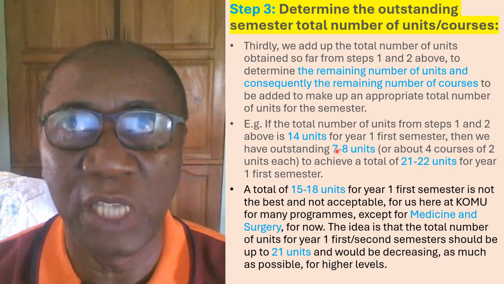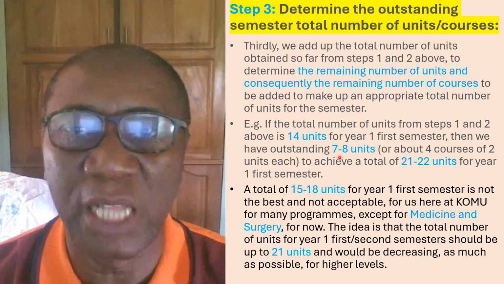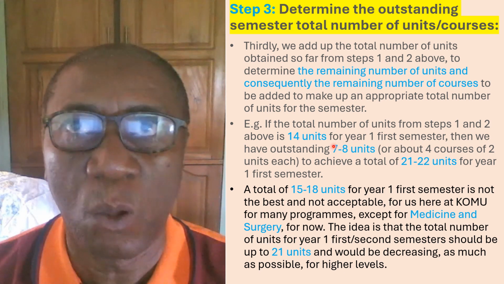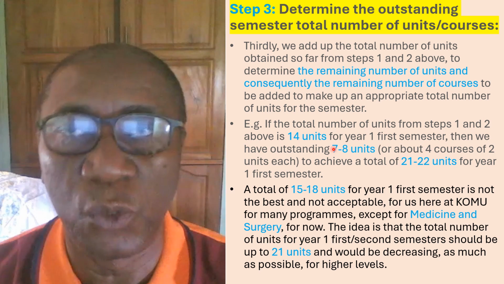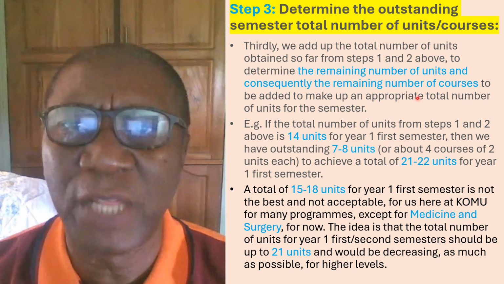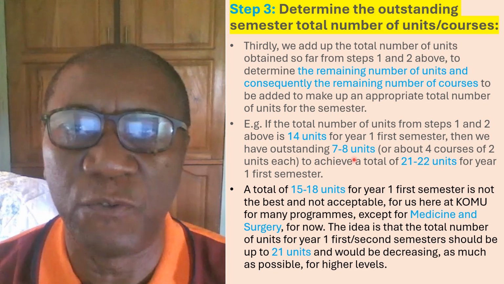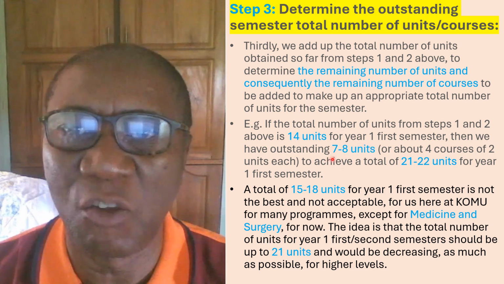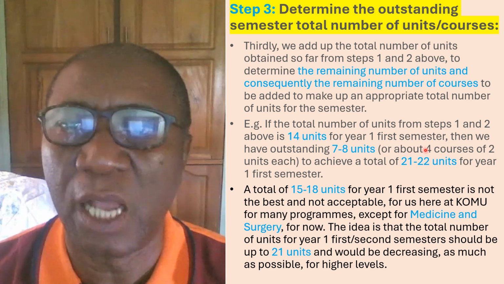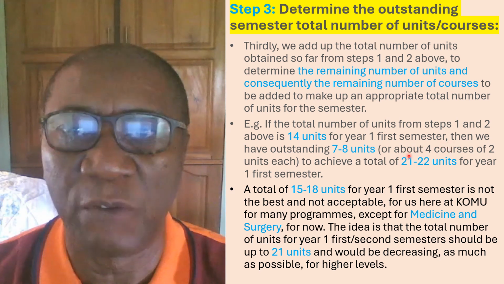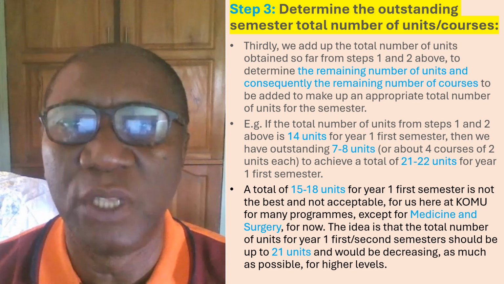If it is 7 units that you want, that can give you about 3 courses, because you can have 1 course for 3 units, then the other 2 courses will be 2 units. That's 7. So the important thing is that you have to first of all determine the outstanding number of units. From the outstanding number of units, you will now be able to find the approximate number of courses you have to develop. So then, how do you develop those courses?